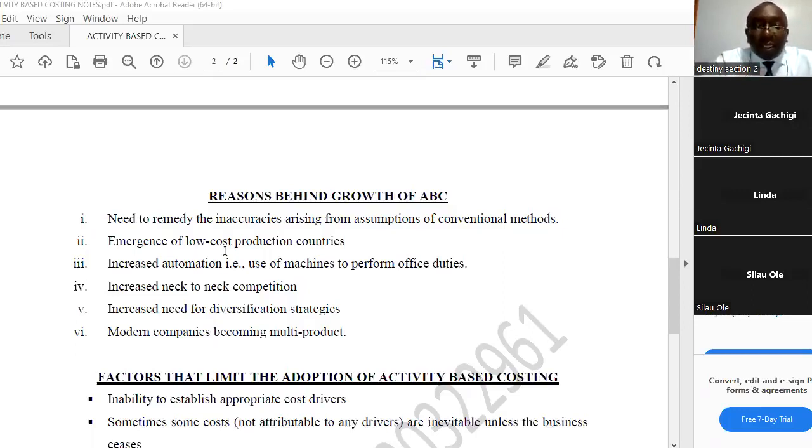The other thing is that there has been increased neck-to-neck competition. Now, if you have ever faced competition anywhere, even in social life, and you are still interested in the subject of the competition, you cannot just remain quiet. You need to seek more information. You need to be accurate.